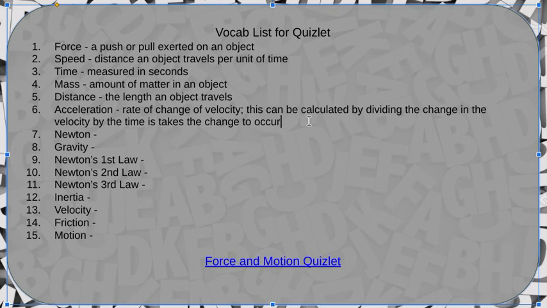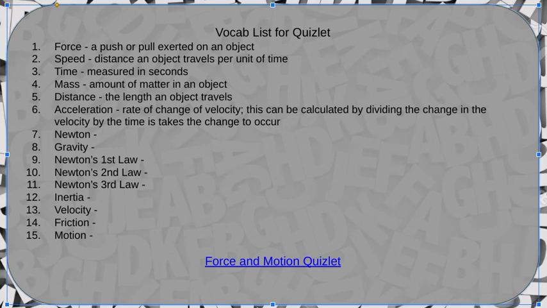I'm accelerating. And if I'm just keeping it steady, I'm going the same speed, but acceleration is the change in speed over time. We'll talk about this with a graph, and I think it'll make more sense when we look at it with a graph. But simply put, it's the rate of change of velocity.